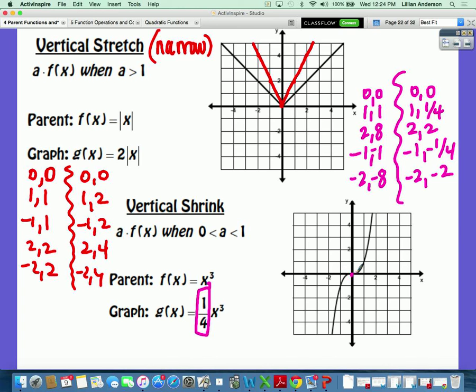So when I plot it, you see it's been shrunk. Okay, I'm pressing it in, which essentially is making it what? Wider.